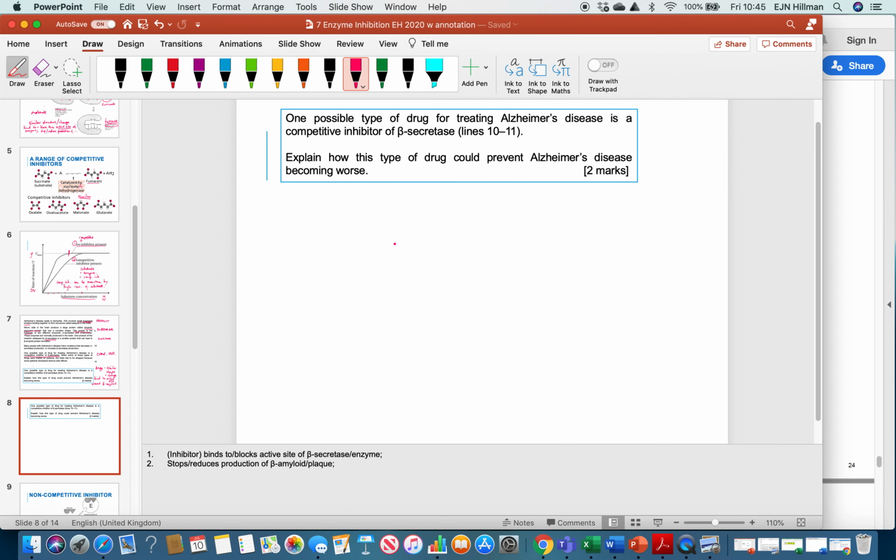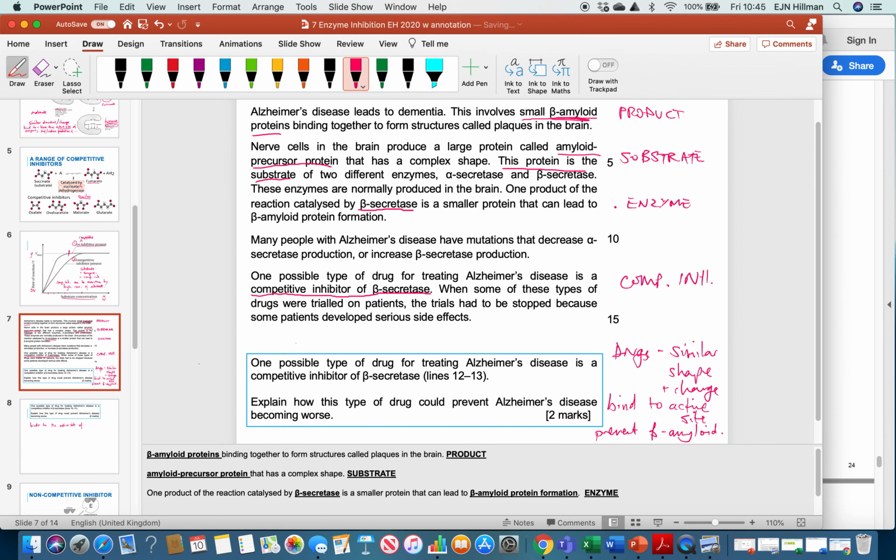Okay then, so this question may be quite daunting the first time you read it, but for 2 marks it's quite straightforward. So we know the drug, the inhibitor, binds to the active site of the enzyme that we've identified already, which is beta secretase.